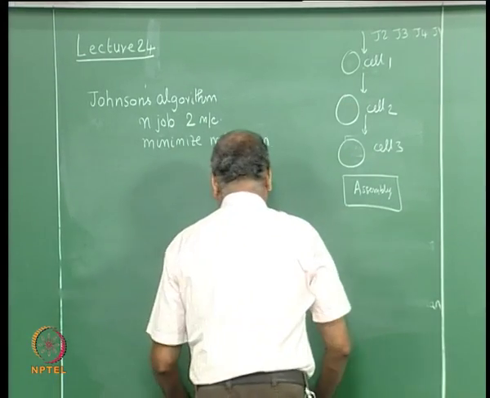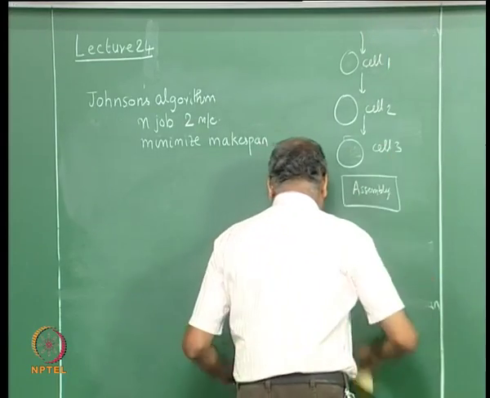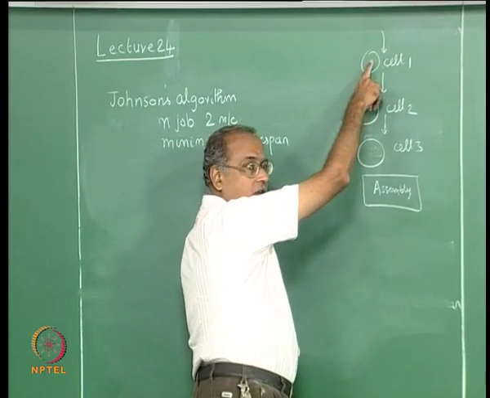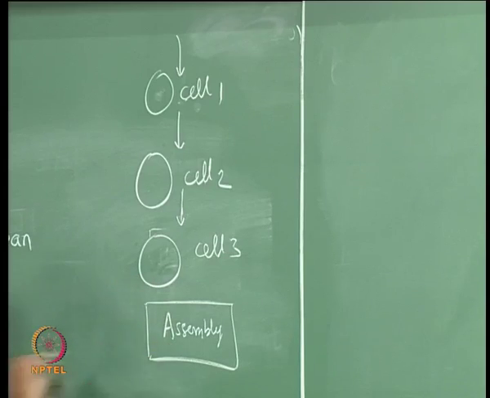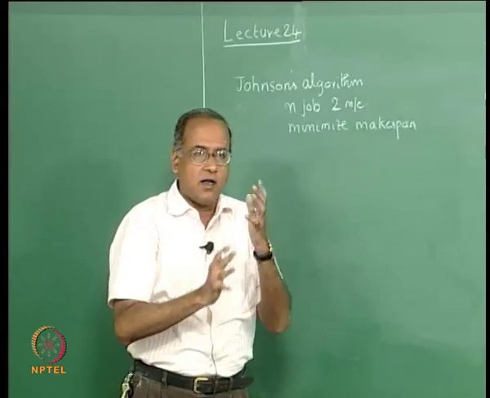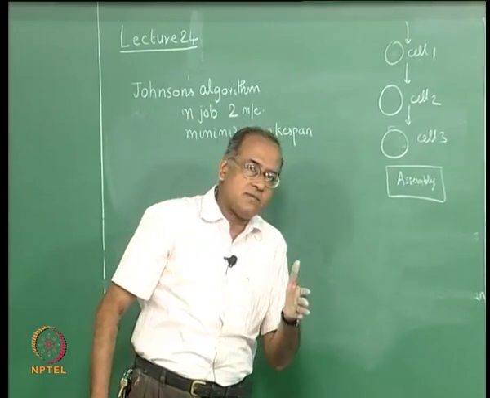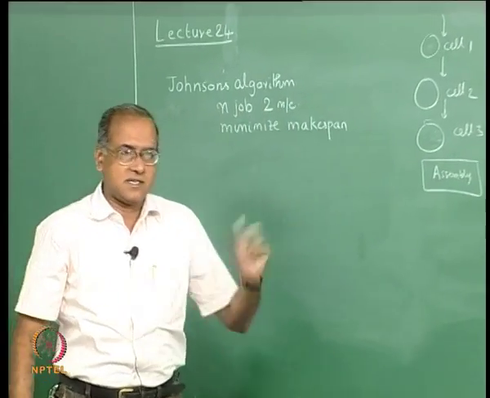There are 4 jobs, J1, J2, J3, J4, which now have to be sequenced in such a manner that all of them go through cell 1, cell 2 and cell 3 and come here. We are interested in finding out when earliest all of them are available here for the assembly. So, that becomes the Makespan minimization problem on 3 machines or 3 cells.